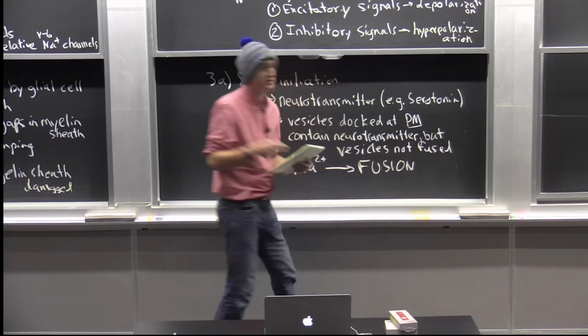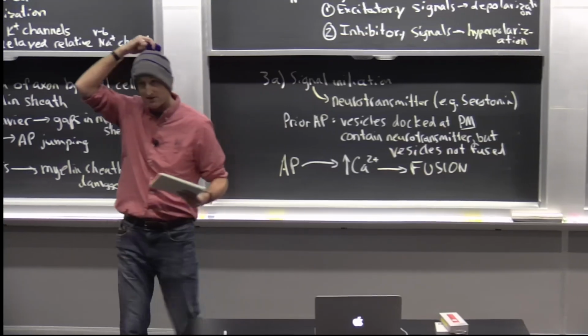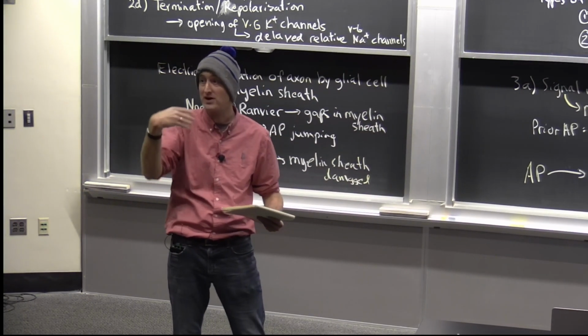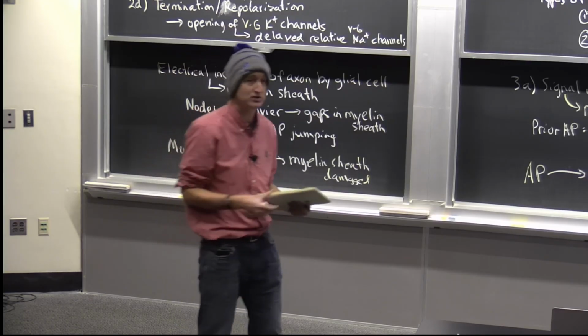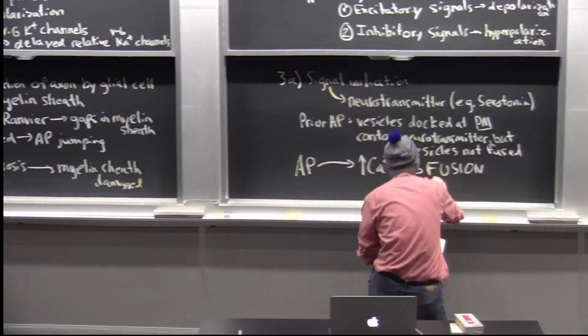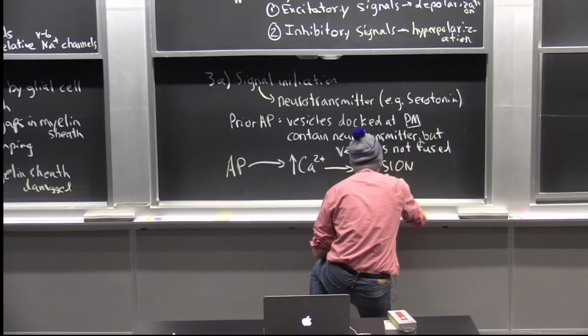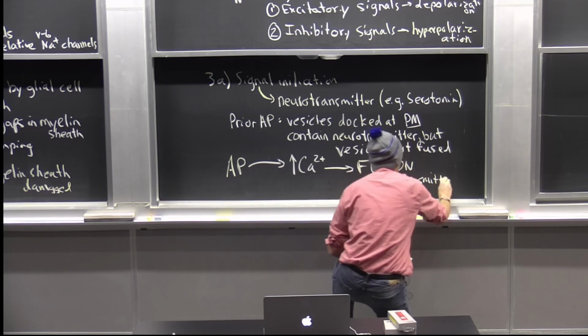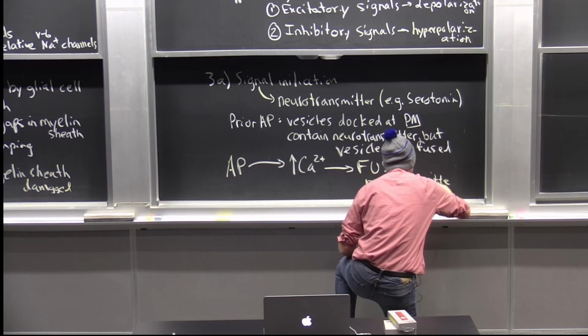And when you get fusion, that's exocytosis, and the serotonin is now on the outside of the cell, where it can travel across the synaptic cleft and bind to a receptor on the postsynaptic neuron. So this fusion is when neurotransmitter is released. Neurotransmitter is released here.